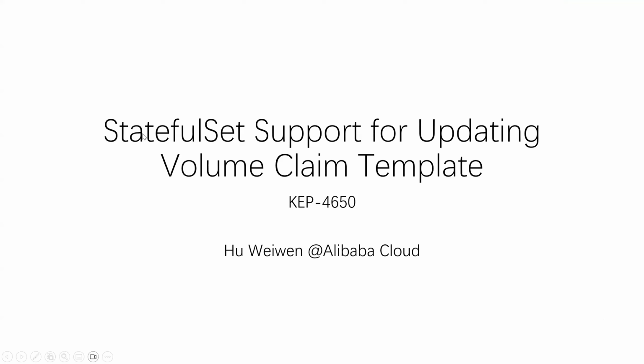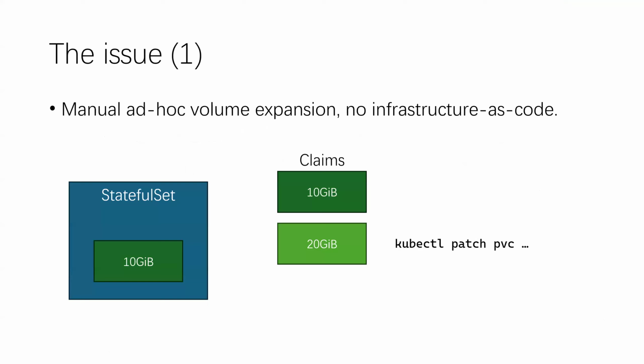I'm going to share our design of the stateful set support for updating volume claim templates. So let's begin. Let me introduce the background first. Currently we cannot update the volume claim templates in the stateful set.